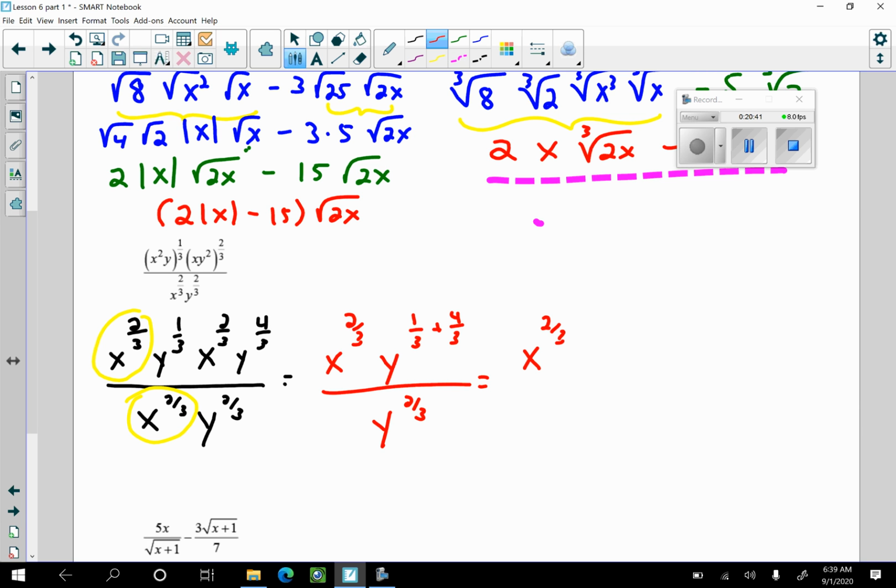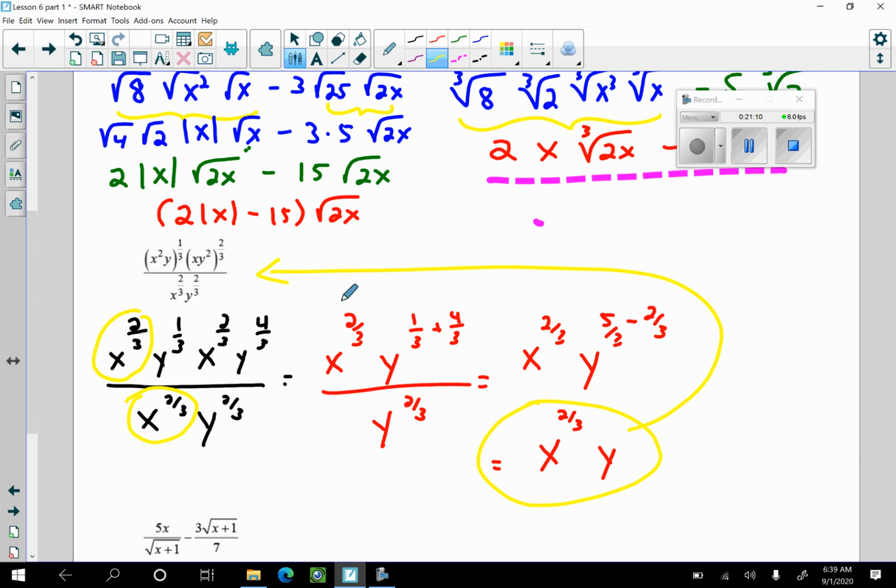And this is going to be y to the 5/3. I'm going to use my quotient property, y to the 5/3 minus 2/3. Which is going to be nice. That's going to be x to the 2/3 times y to the 3/3, which is just 1. So this simplifies to x to the 2/3 times y. That's what this is.